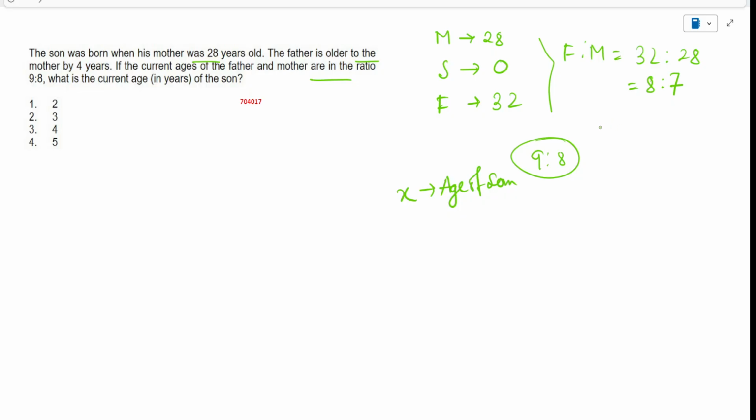Therefore, the age of the father is 32 plus x and mother is 28 plus x. And this is the ratio 9 is to 8. Just you need to solve this, you get the answer x equal to 4. Fine. Option 3.